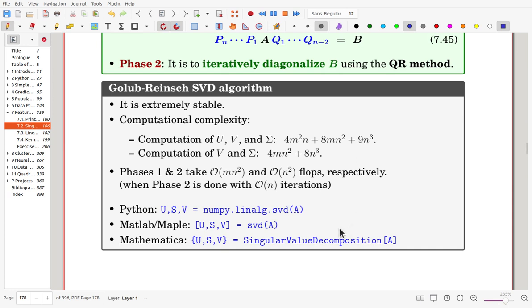You can use it, for instance, in the Python NumPy linear algebra package, where you can find SVD, and in MATLAB or Maple you can just use SVD. If you are using Mathematica, then the name is SingularValueDecomposition.